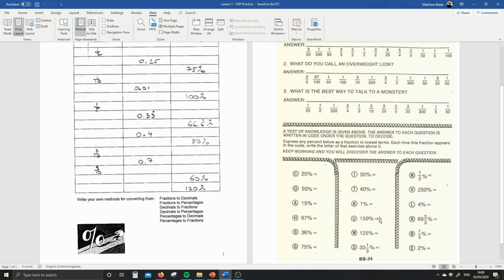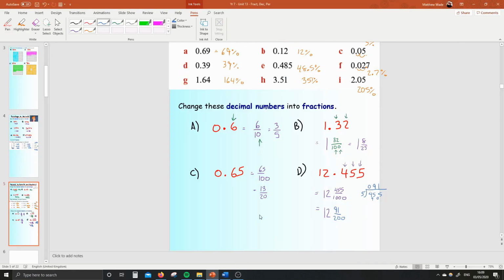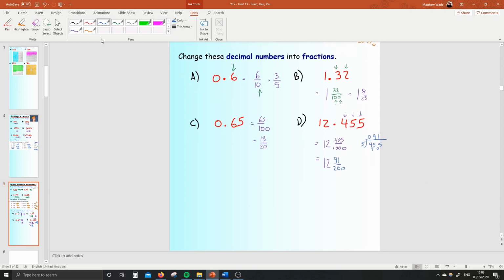Okay, let's do this one. I'm going to go back to the slide so I know I can write on that. Say you got 150%, okay, and you want to turn that into a fraction. Now, you guys would probably want it as a mixed number, which is cool, but to get the answer to work in the worksheet, here's how you do it.